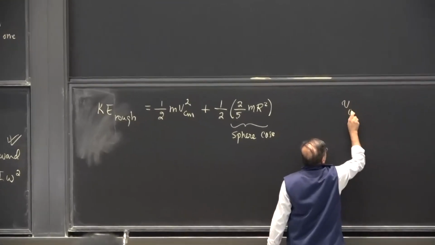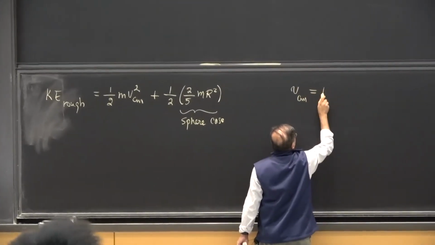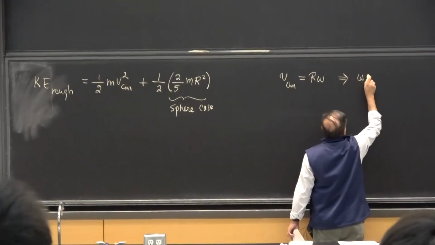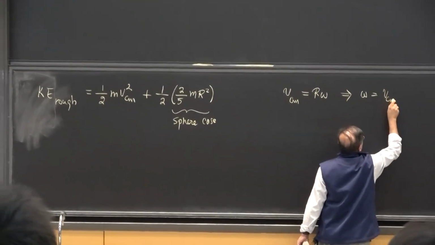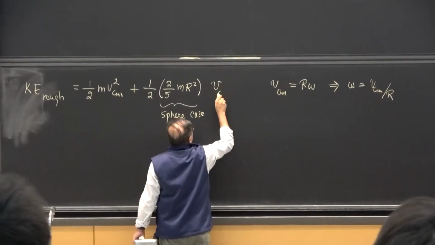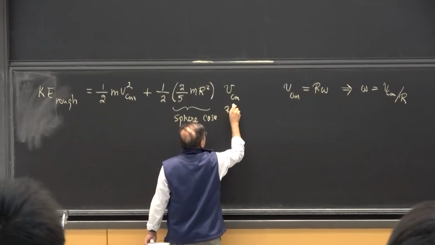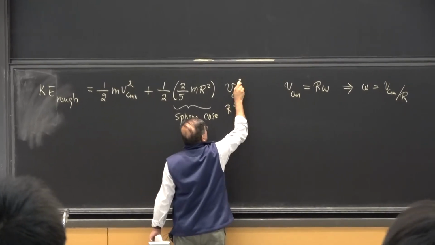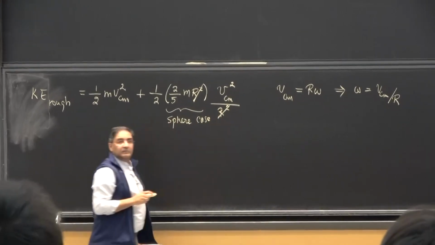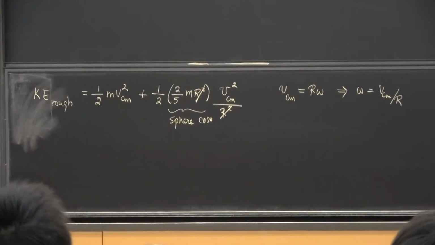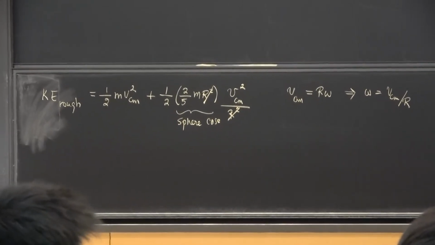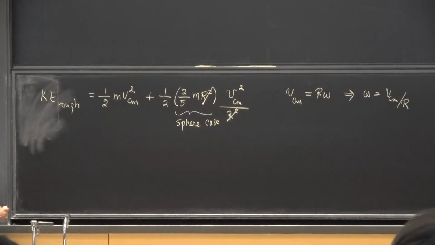We already know that v center of mass is R omega, which implies omega is v center of mass over r. This is squared, so the r squared cancels. This series of steps is okay as long as I'm doing a no slipping condition calculation.